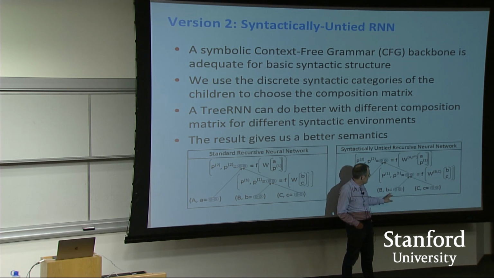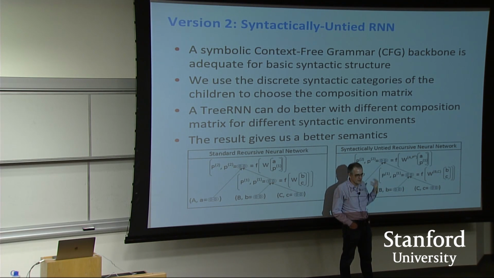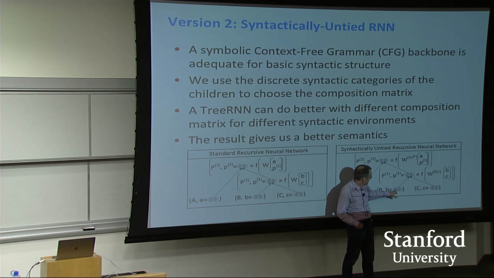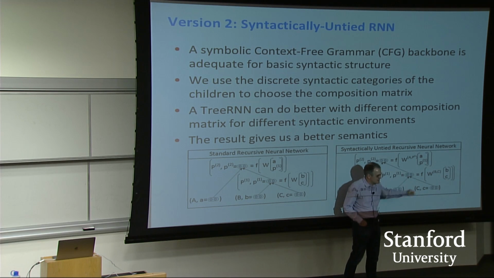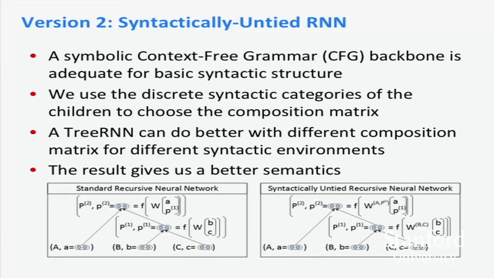We can use our symbolic grammar to then say, okay, these will go together into a prepositional phrase. And since we know these categories here, we can also use those categories to decide a composition function. So we're composing together a preposition and a noun phrase, so let's use the right composition function for putting together a preposition and a noun phrase.